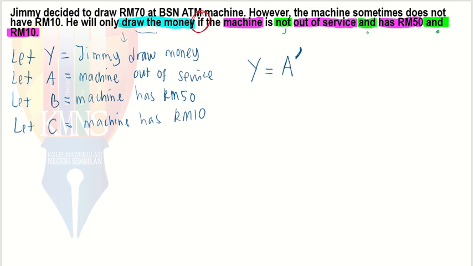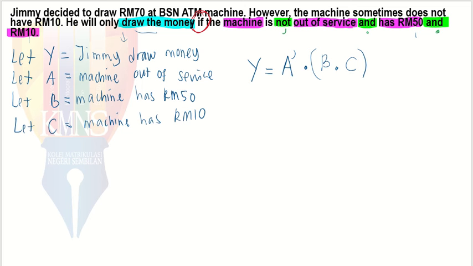Then the dot, then has 50 ringgit, which is B, and machine has 10 ringgit, which is C. I prefer that you put a bracket here, because has 50 ringgit and 10 ringgit belong to each other.